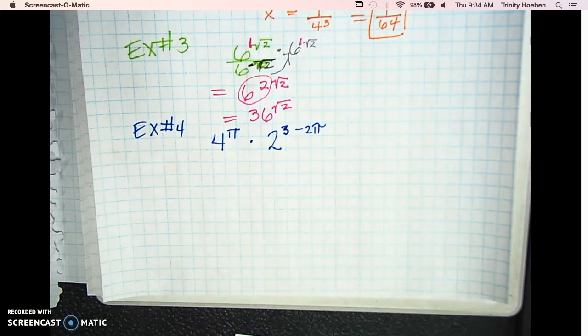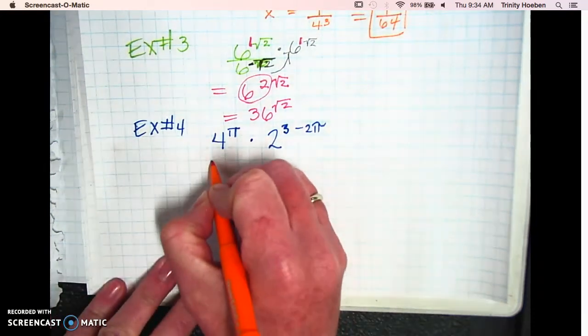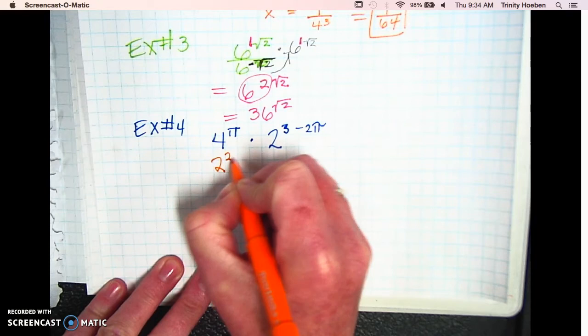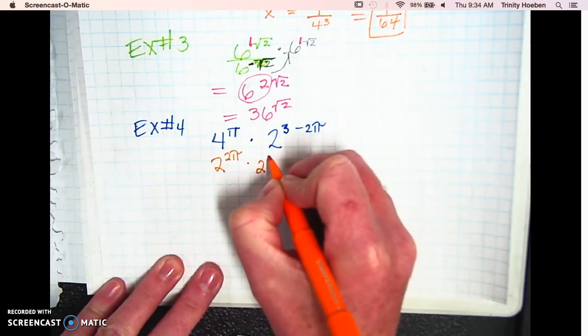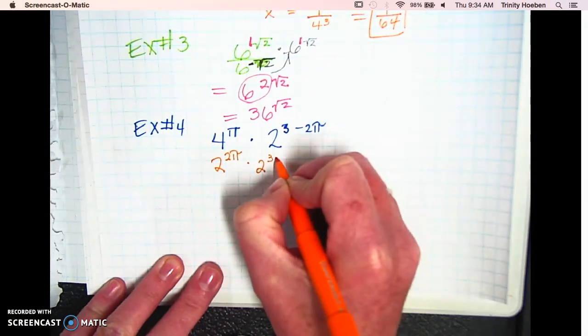What do you notice about those bases? They're not the same, right? 4 and 2 are not the same, but can we rewrite one of them with the same base? Yeah. 4 is what? 2 to the second. So this becomes 2 to the second pi times 2 to the 3 minus 2 pi.